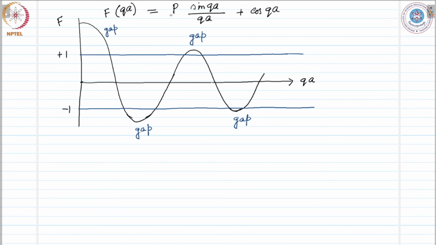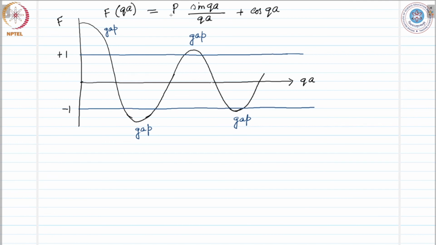And in general, for moderate values of P, the energy spectrum would be gapped. Not every energy would be acceptable for the electron subject to a periodic potential. It cannot have any arbitrary energy. Rather, there are certain energies that are forbidden.